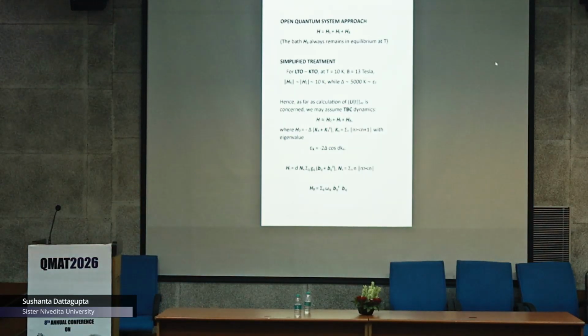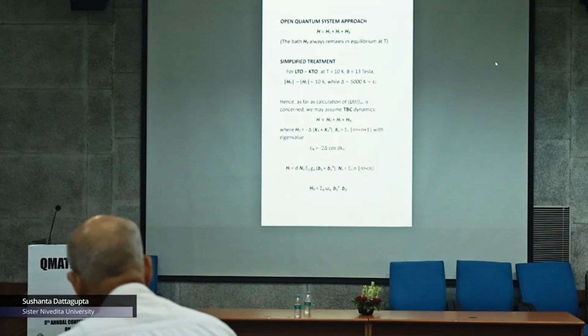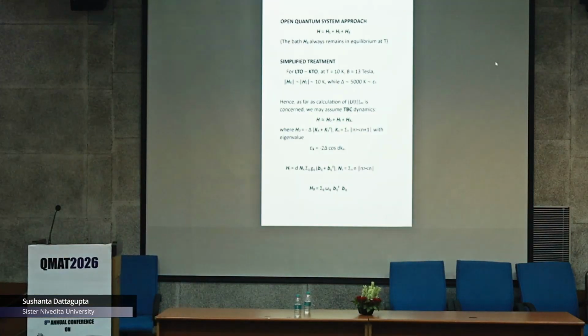How does the treatment get simplified? For the LTO, KTO system that Shubhankar and company studied, they went down to around 10 degrees Kelvin. They applied a B field of 13 Tesla, and it turns out that the Rashba coupling and the Zeeman coupling are of the same order, around 10 degrees Kelvin, while the band Hamiltonian with a tunneling frequency delta is around 5,000 Kelvin, 500 times these interaction terms, and delta is of the same order as the Fermi energy.